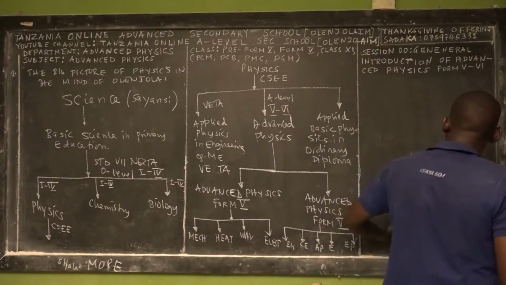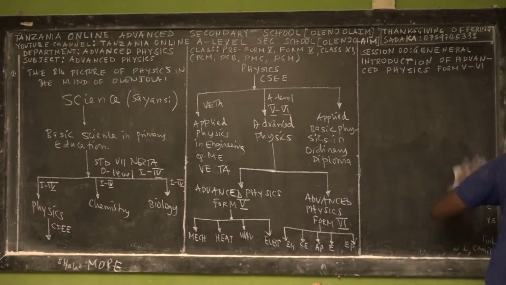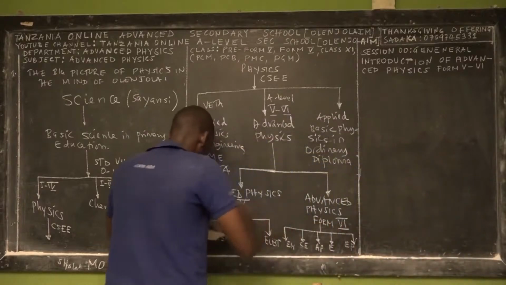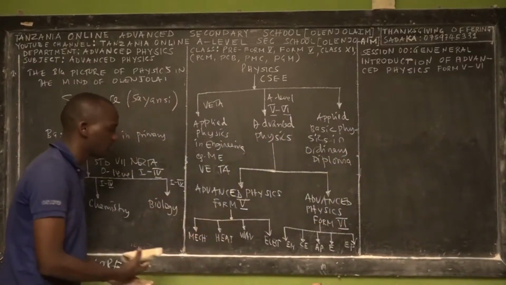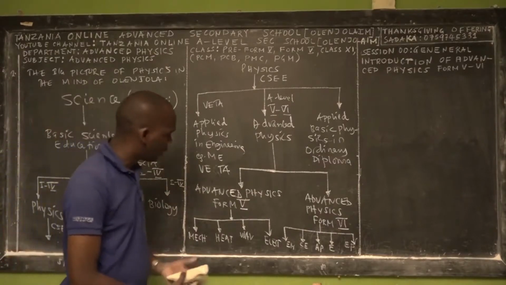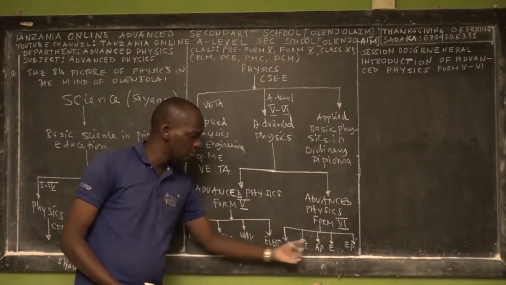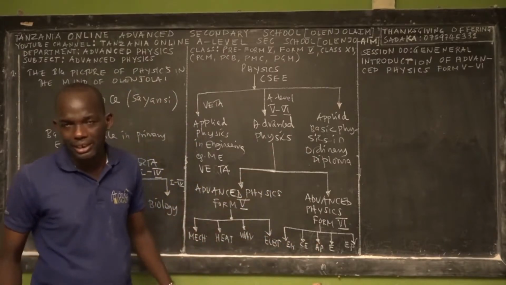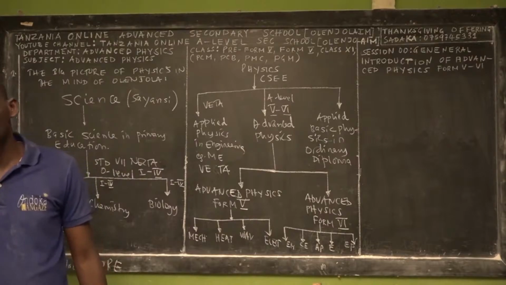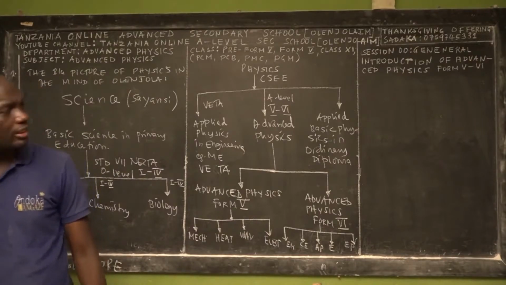So, ladies and gentlemen, after sharing with you a big picture, I will continue later on. I think that this is the big picture, and this is what I call the general introduction of Advanced Physics. I will be mentioning in detail the names of these topics. Don't worry.